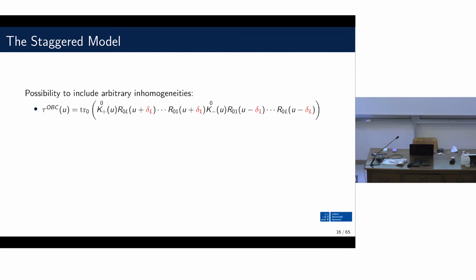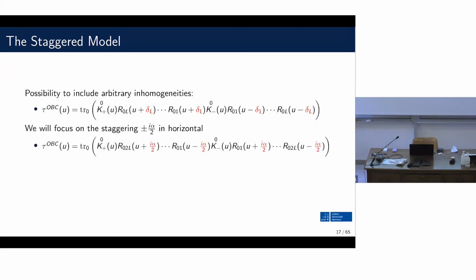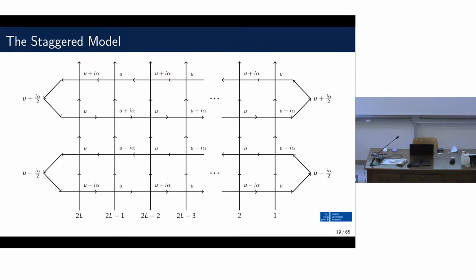For open models, in the later R matrices you always have the negative one. So this is not a real staggering. It's just needed to have integrability. Because the arrow is on the other side. Yeah, exactly.